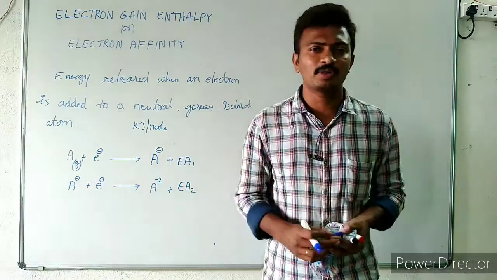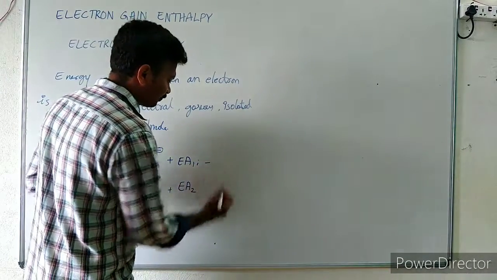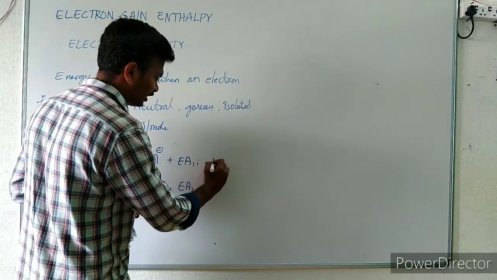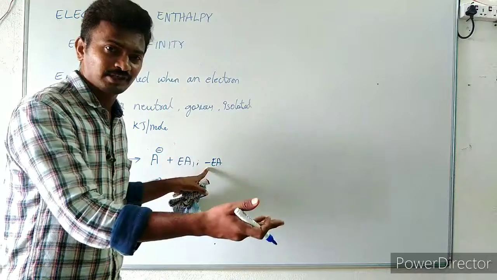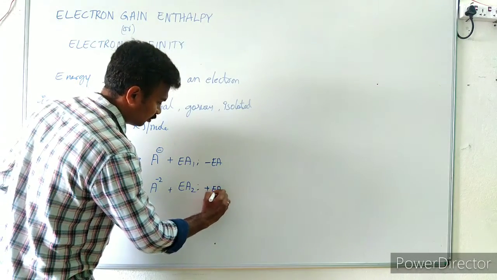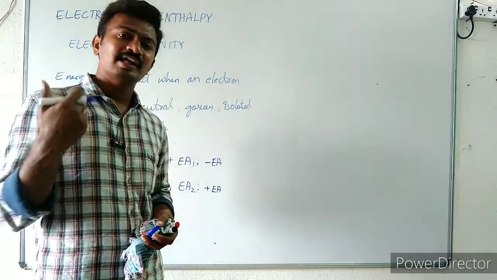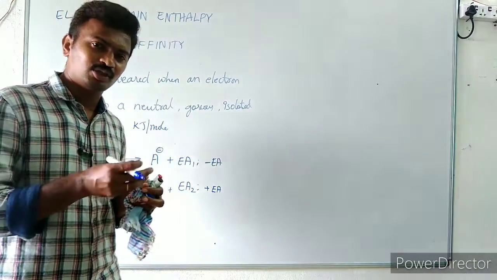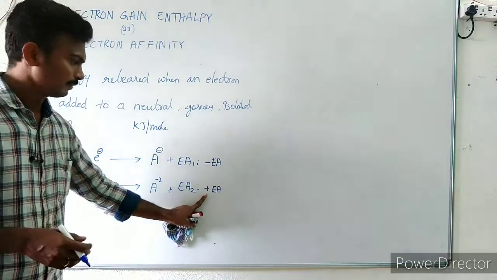That means they possess positive values. Here I need to tell one point. Here we show the first with a negative value, a negative EA, where the negative sign indicates liberation of energy, and for the second mostly a positive EA. Positive indicates that energy is required to add the electron. So only by using some energy can we add an electron in the case of second electron gain enthalpies.